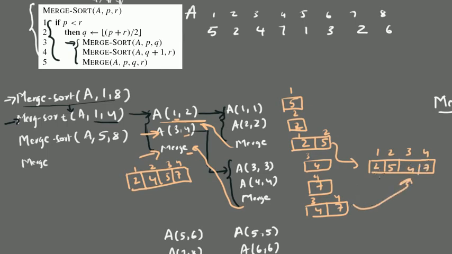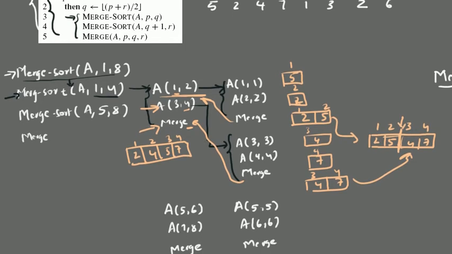So you're merging these two subarrays at this point. So when you merge these two subarrays, you'd be getting 2 4 5 7, which is a sorted subarray. Now the call returns. So after merging, the call returns to the end of this.